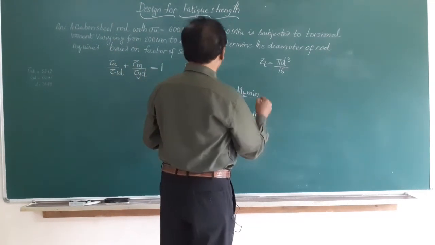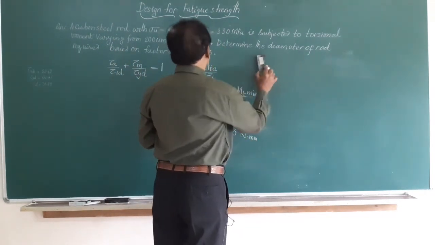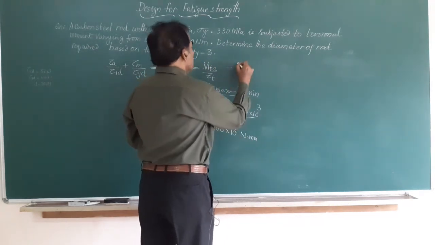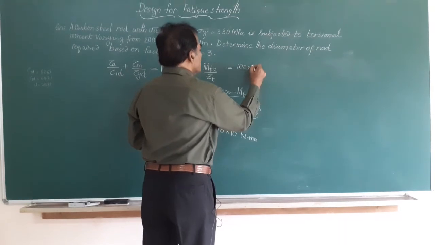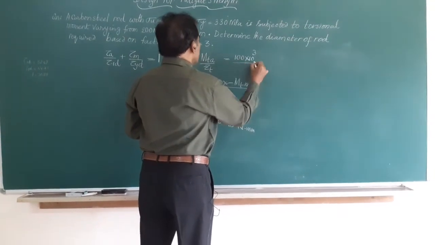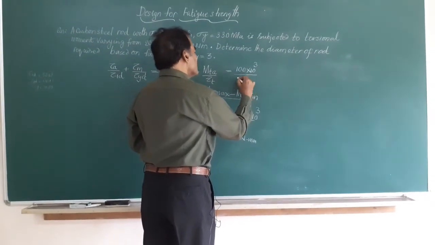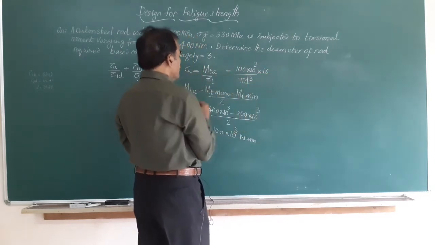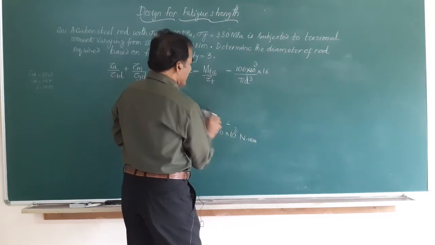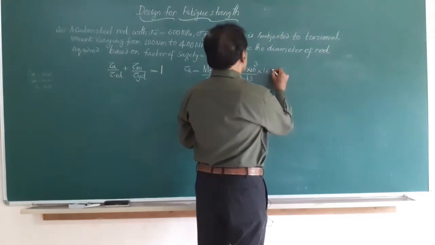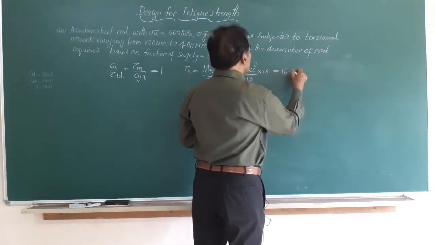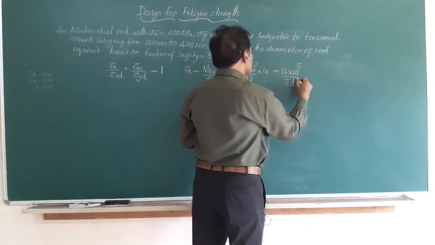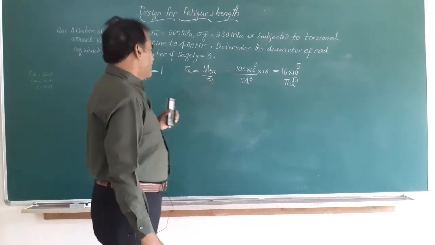So, with this substitution, we will get tau_a as M_ta by Z_t. M_ta is 100 into 10 to the power of 3 divided by Z_t, which is pi d cube by 16. I have taken 16 to the numerator, and hence you will have the value 16 multiplied by 10 to the power of 5 divided by pi d cube, where d is the diameter to be found out.